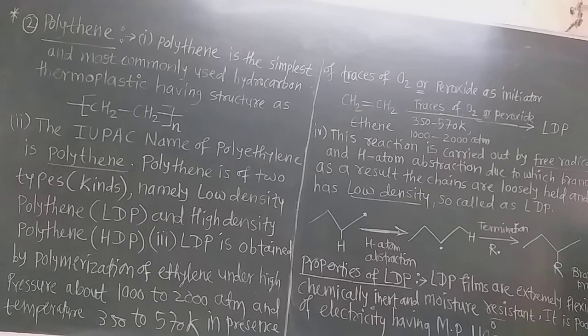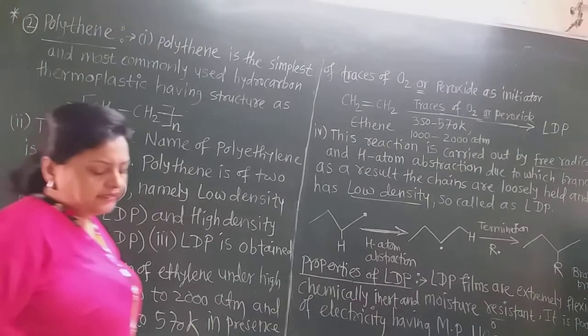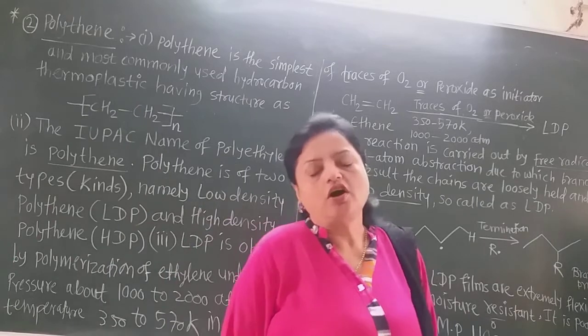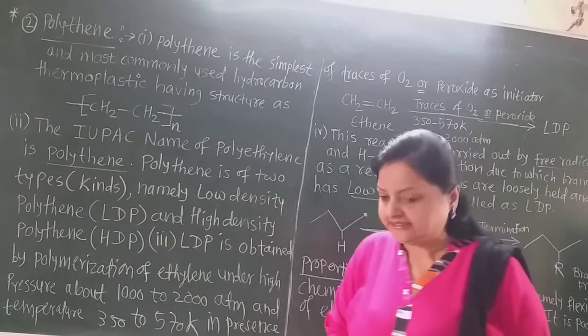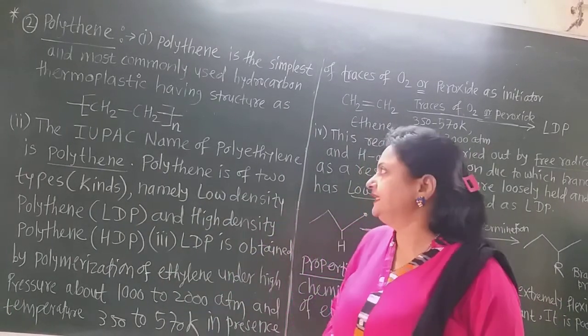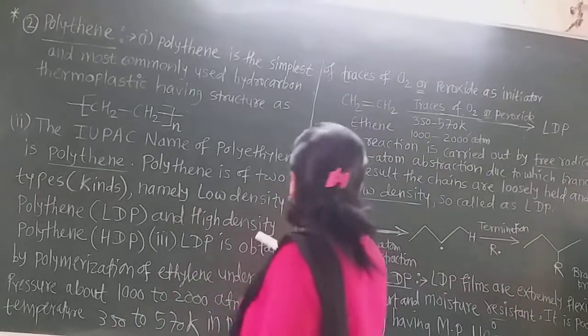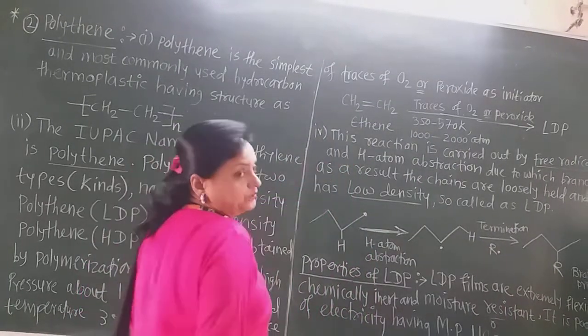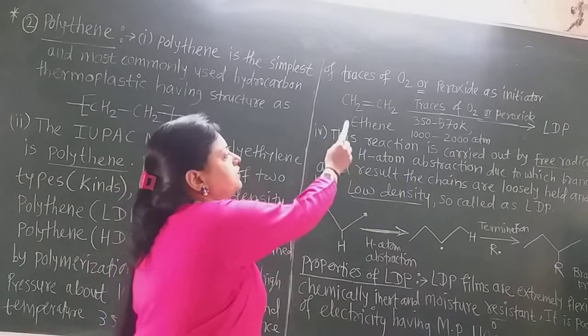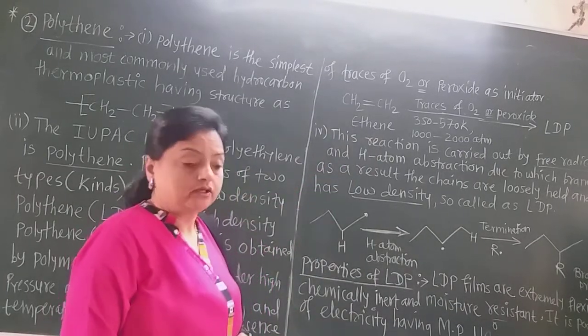Now polythene, as the name suggests, is the polymer of ethylene, or in IUPAC, ethene. Now you know ethylene has a carbon-carbon double bond, CH2 double bond CH2, that is an alkene.